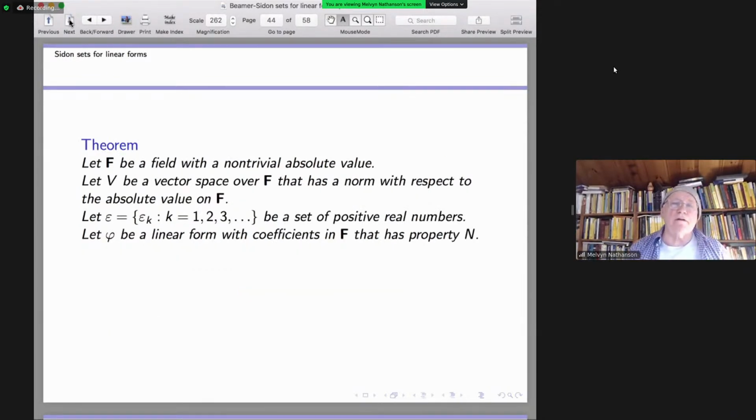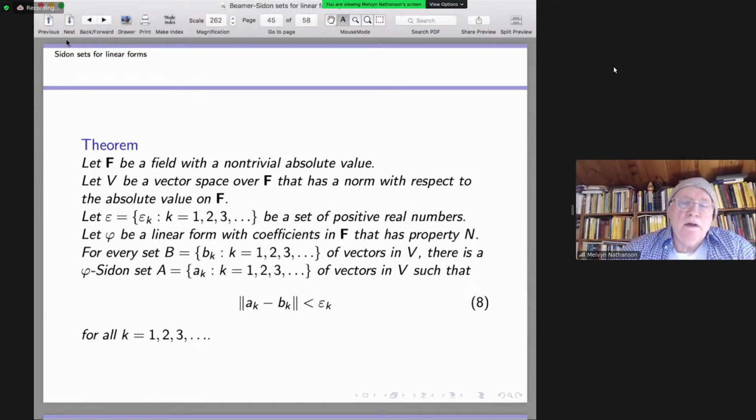So now we have the following theorem. You have a field with a non-trivial absolute value and a vector space over the field, a norm with respect to the absolute value, and the sequence epsilon of little positive real numbers, and a linear form phi with this property n. So any sequence of vectors that you pick, B sub k, there is always a phi Sidon set A of vectors such that AK minus BK is less than epsilon k.